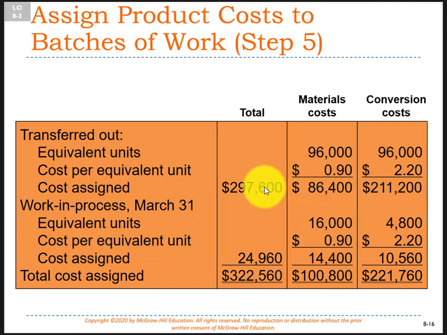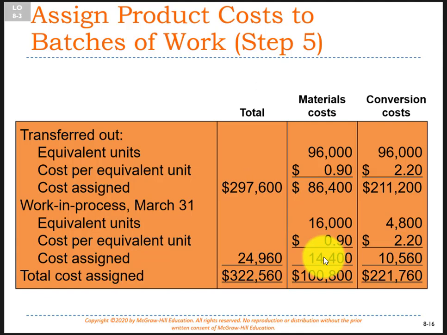So add those two amounts together, we get $297,600. We would credit work in process shredding. We would debit work in process pressing for $297,600. That's the cost of those units that got transferred.